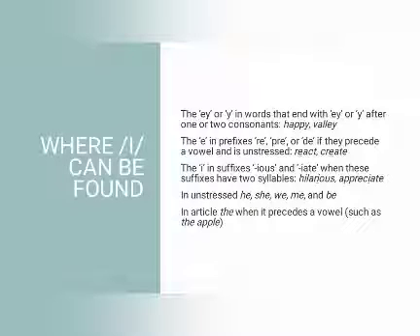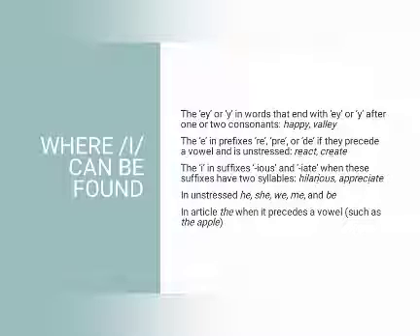It can be found on the e or y in words that end with e or y after one or two consonants. For example, happy, valley. The e in the prefixes re, pre, or de if they precede a vowel and are unstressed, like in the words react and create.